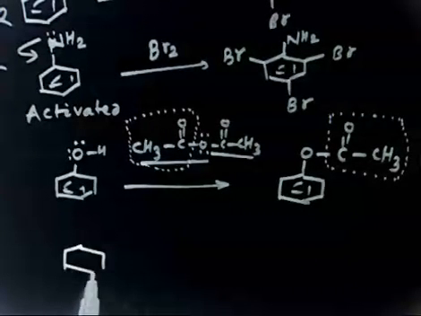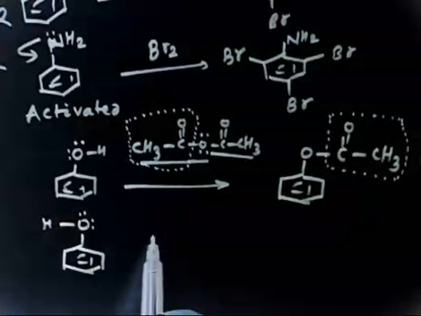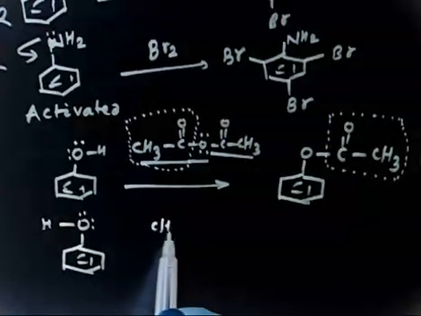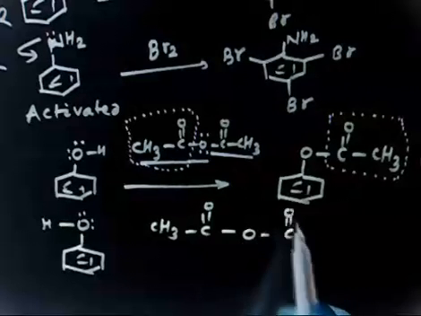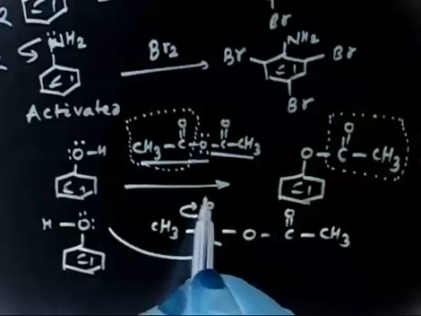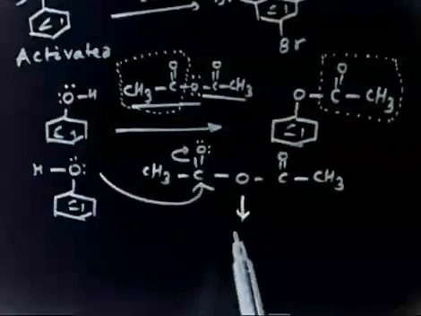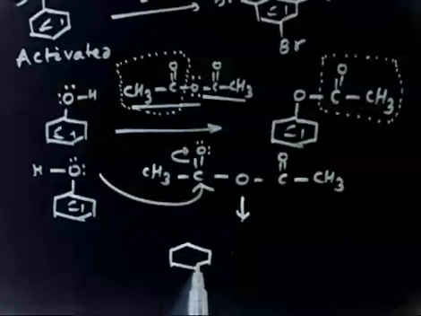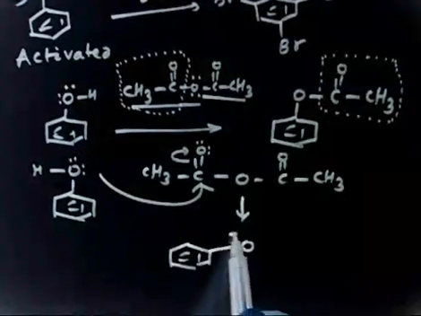So I can take phenol OH, which has a lone pair, and then you have CH3, C double bond O, OCOCH3. Now if this attacks here, this opens up because carbon cannot have more than 8 electrons, so you will have something like this. Let me write O here, OH, because it does not matter.